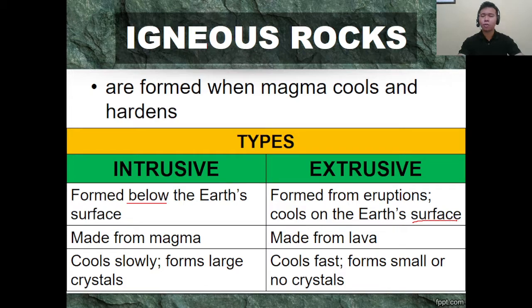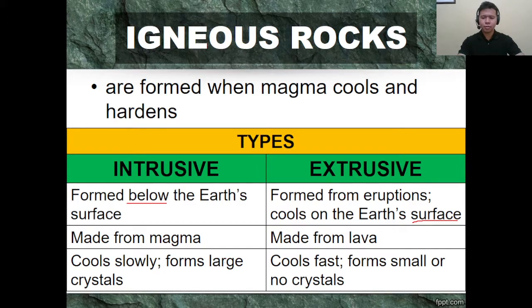Okay, so that's the difference. Igneous rock are divided into two types: the intrusive igneous rock, which cools underneath the Earth's crust, while the extrusive igneous rock cools on the surface of the Earth's crust.